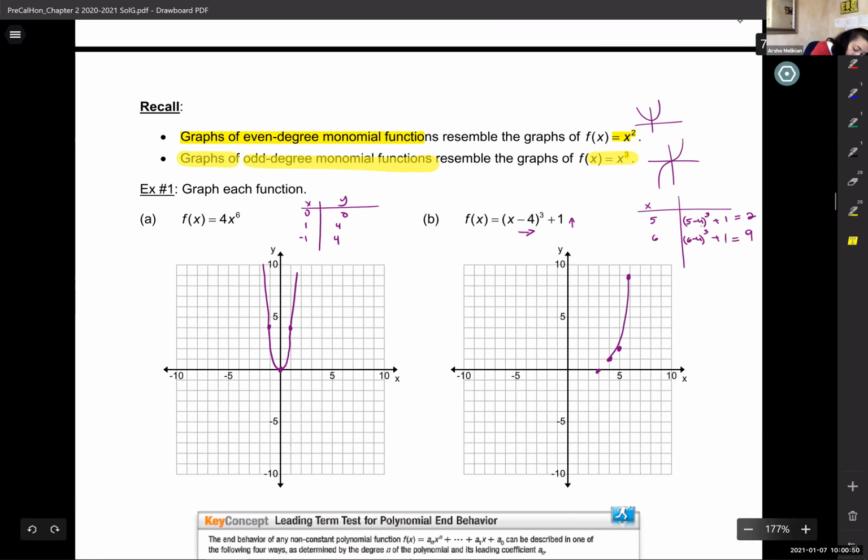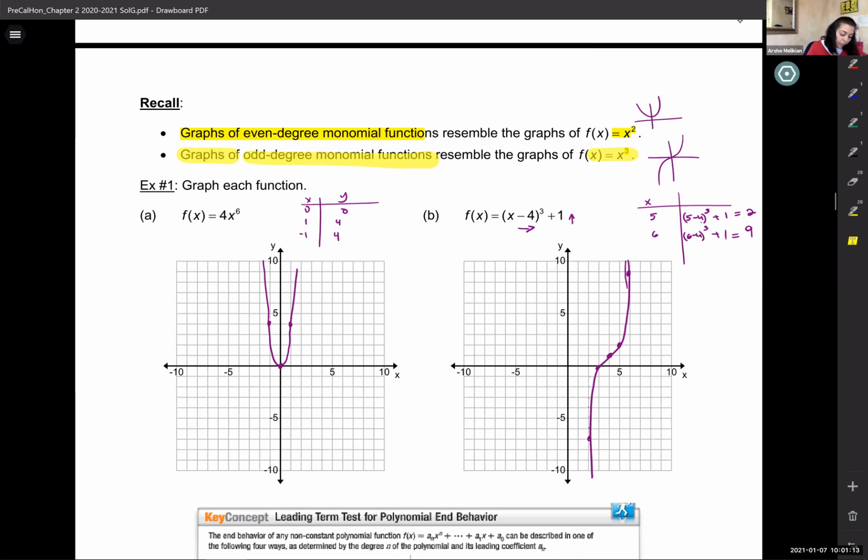So I can make it symmetric that way. How many points did we go up here? 7. I'm going to go down 7 and make it symmetric. Okay? All right.